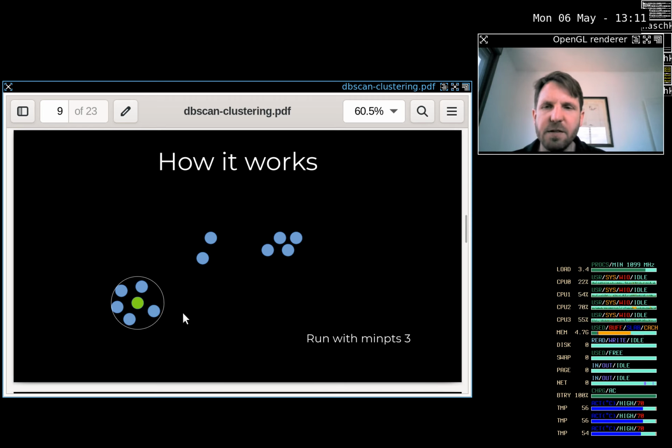And here we find, of course, 3 points, even more than 3 points, but this is fine. The density criterion is given, and now I look at all the neighbors that I have found, and when I look at the neighbors, is the criterion given? Then these belong to the same cluster. So here the criterion is not reached, but here the criterion is reached.